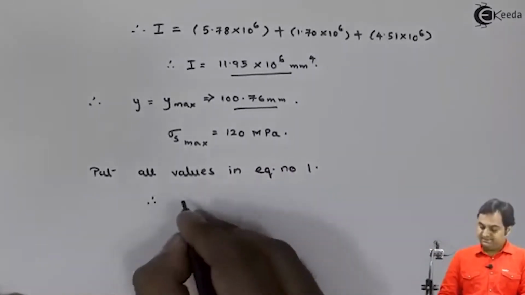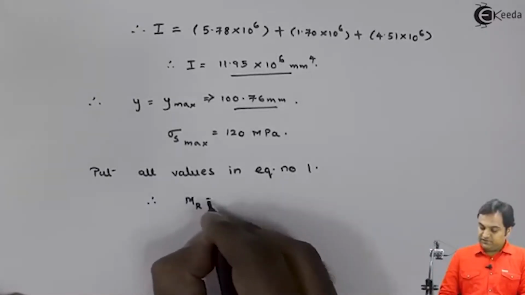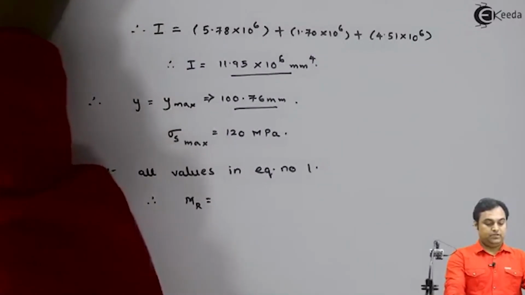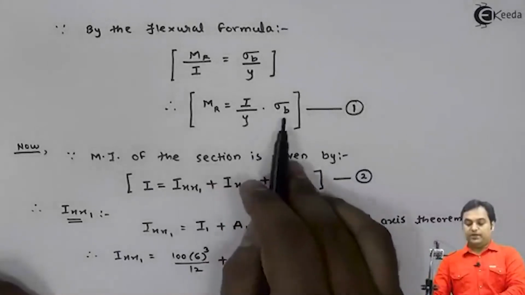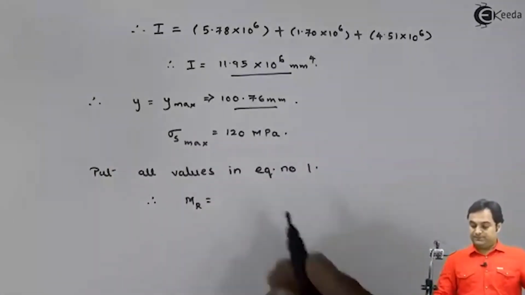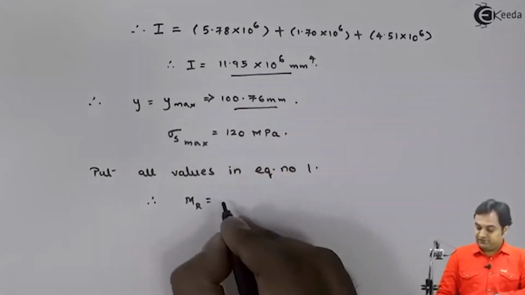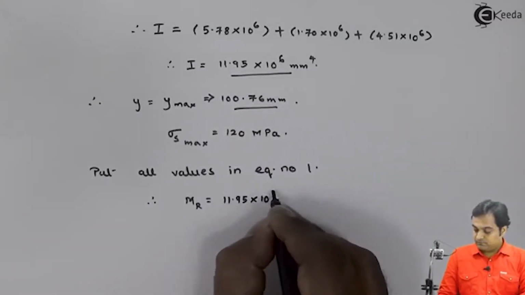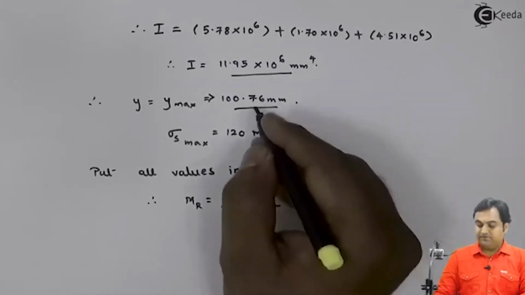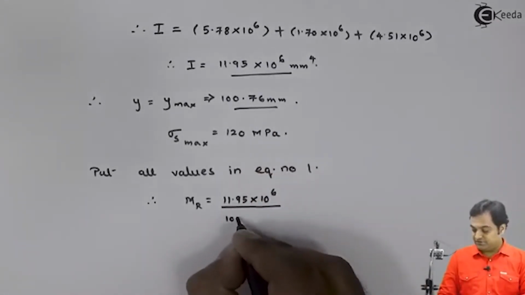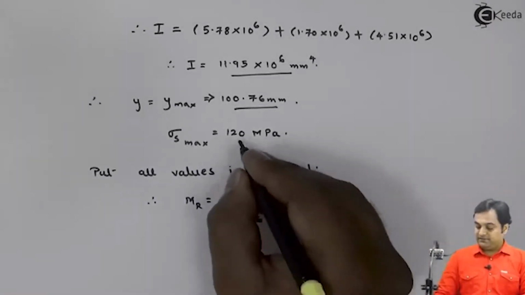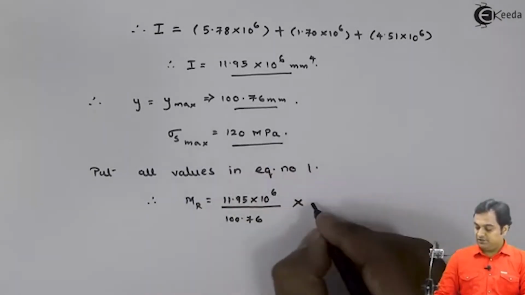Therefore, my moment of resistance will be equal to, if we look into equation 1, here I had I upon Y into sigma B. I value is 11.95 into 10 raised to 6, divided by Y max, 100.76, multiplied by sigma B, that is 120 megapascal for steel.